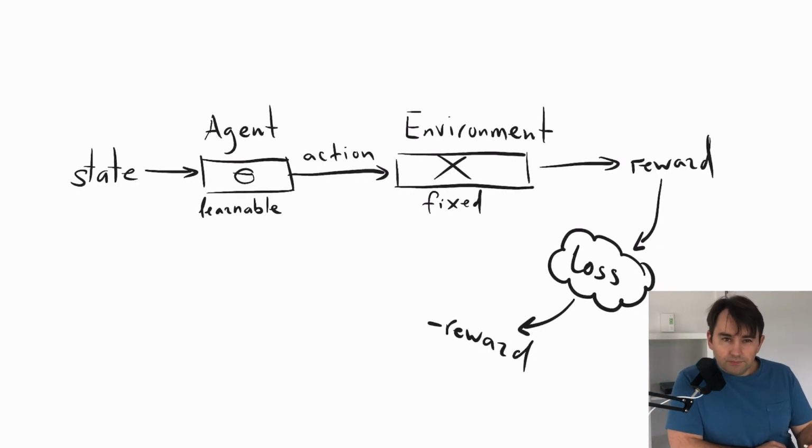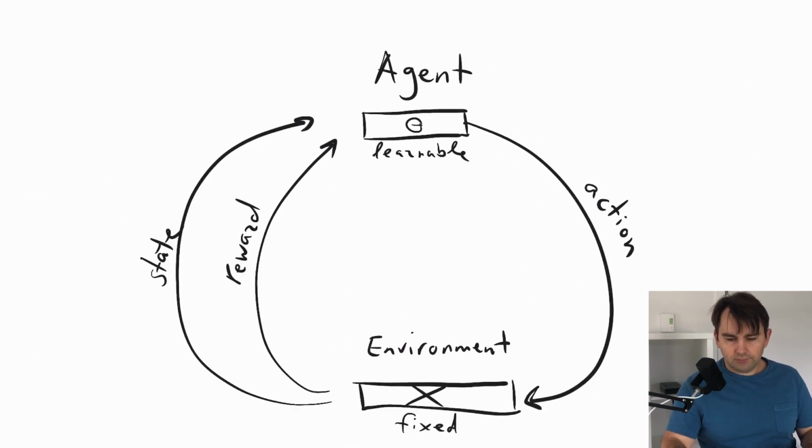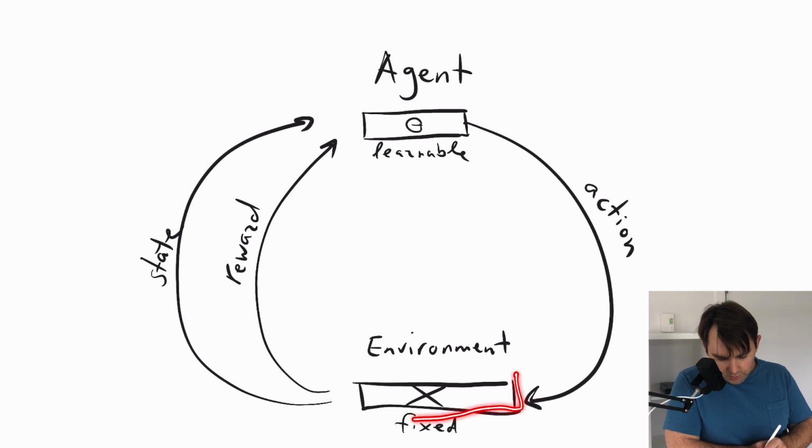Why is this a problem? Well, you can think of an agent as having some sort of neural network inside of it with some weights. And we need to update these weights. And in order to update these weights, we need to backprop through our neural network. So we need the gradient at the output of this neural network. So the environment is like a black box.